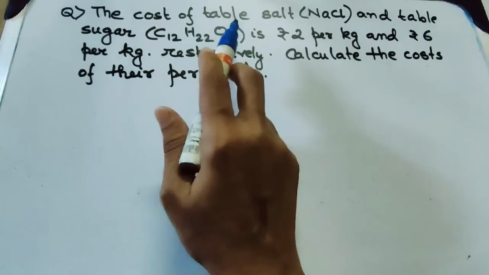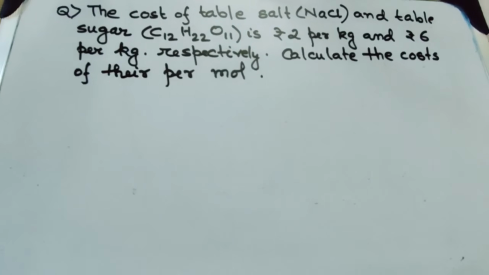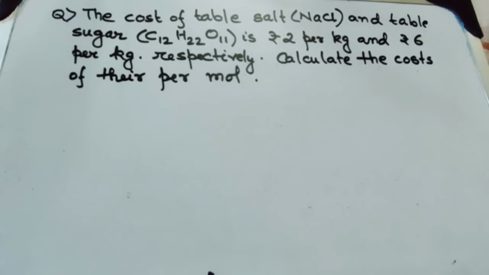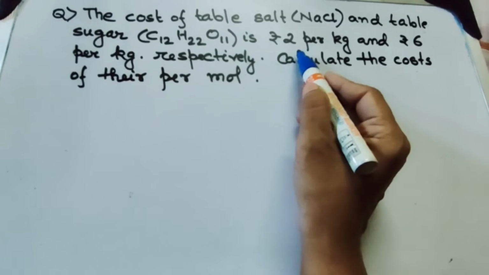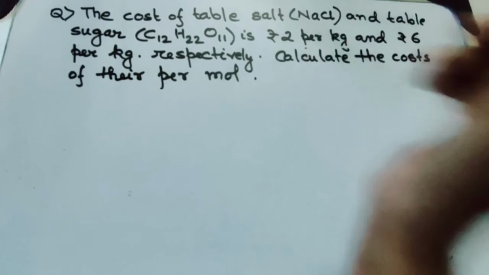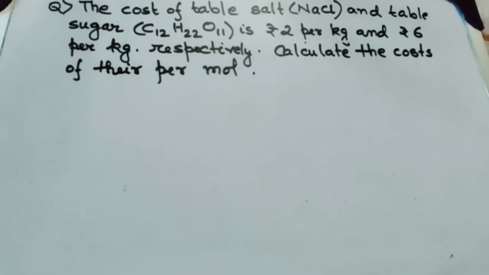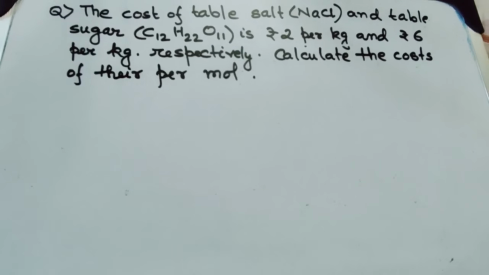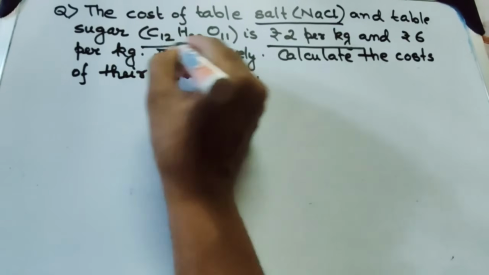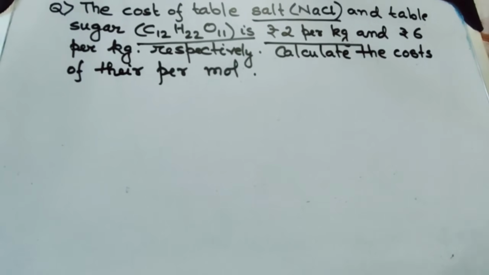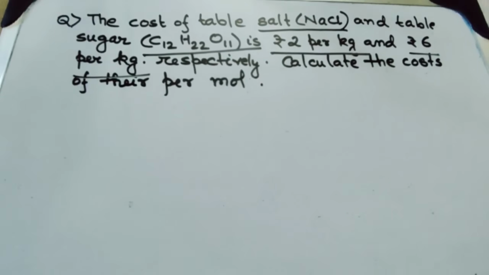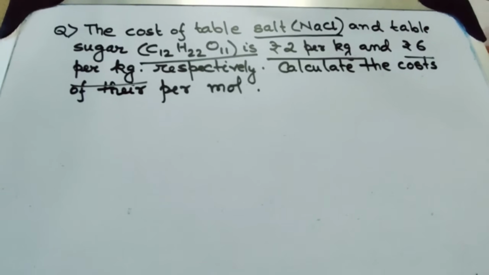The cost of table salt NaCl and table sugar C12H22O11 is given. Rupees 2 per kg is the cost of NaCl and rupees 6 per kg for C12H22O11. Calculate the cost of their per mole.